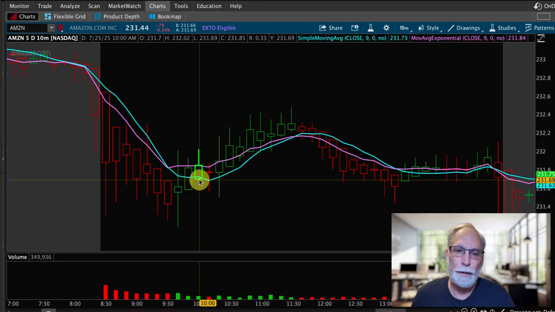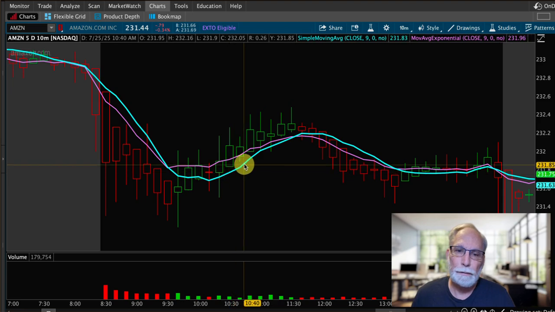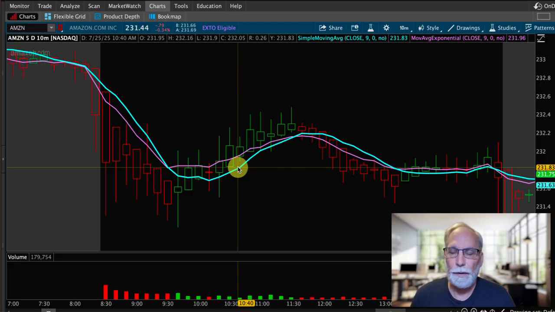and the exponential moving average, EMA, in blue. And so I'm not going to get into mathematical calculations or deep theory on these moving averages. This is really more about the nitty gritty, what you need to know.